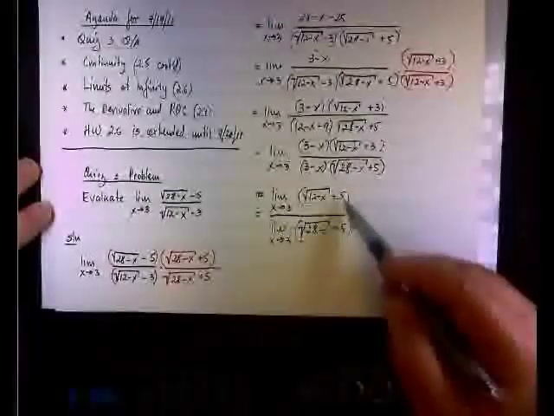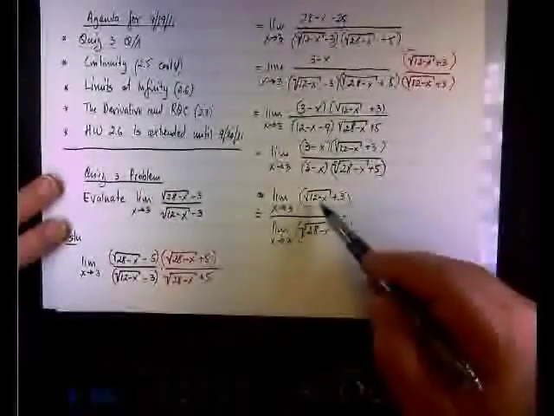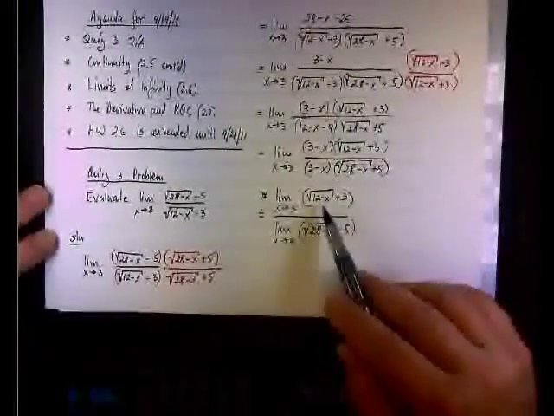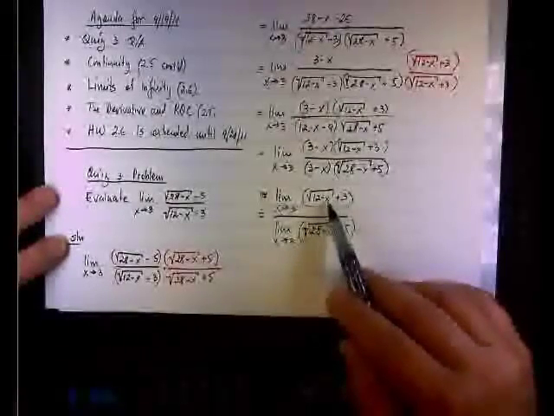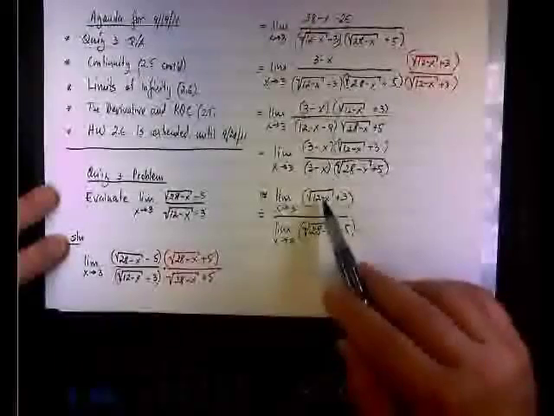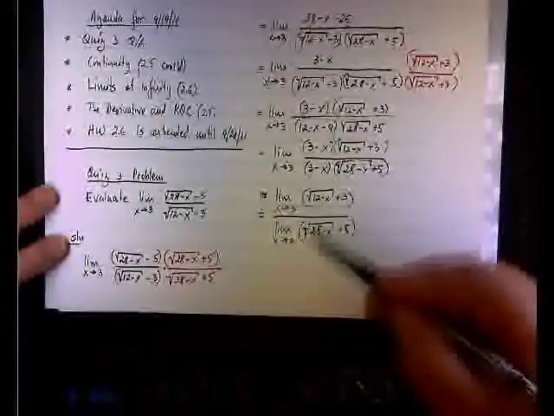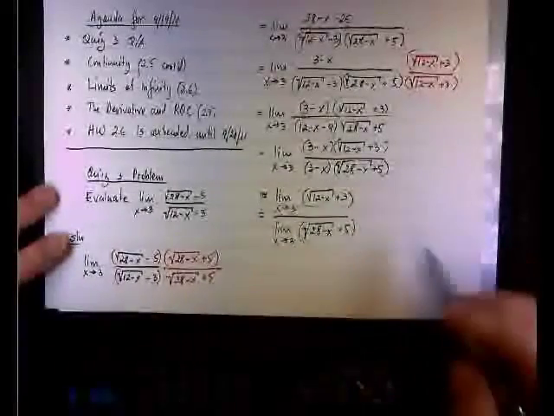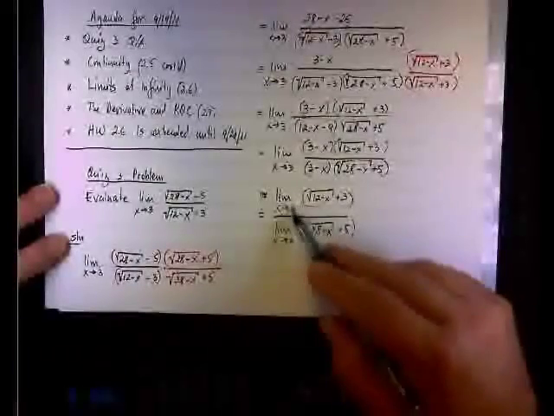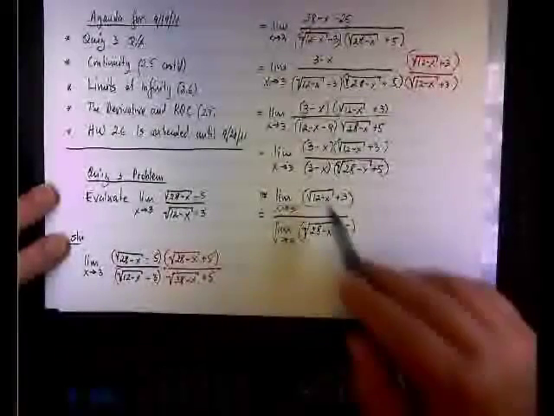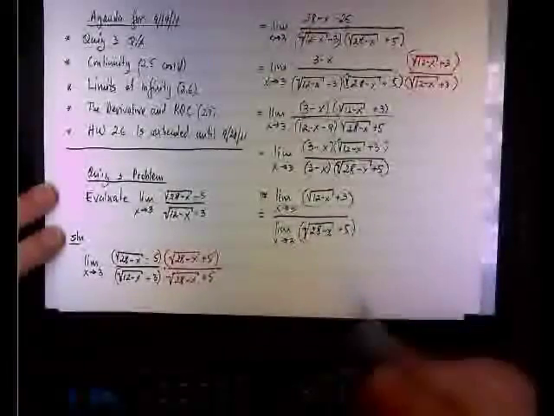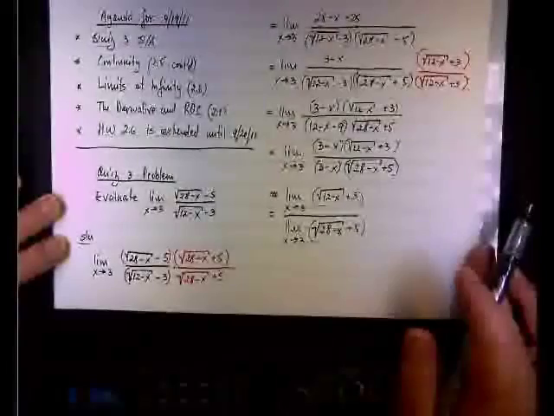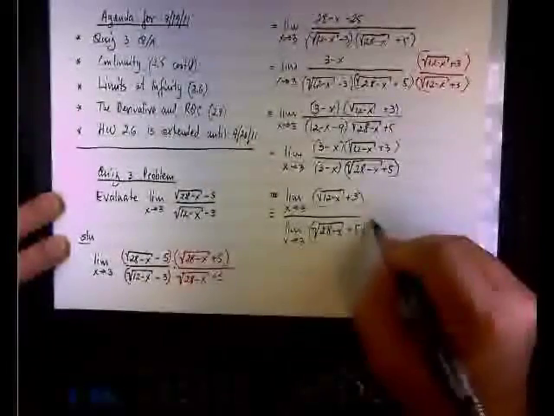This is a root function, this is just a constant, so as long as x is not less than or greater than 12, we don't have a problem with the domain. And here, as long as x is not greater than 28. So we're looking at x equals 3, and we see that this function is continuous at 3, this function is continuous at 3, and therefore we are allowed to do the substitution.